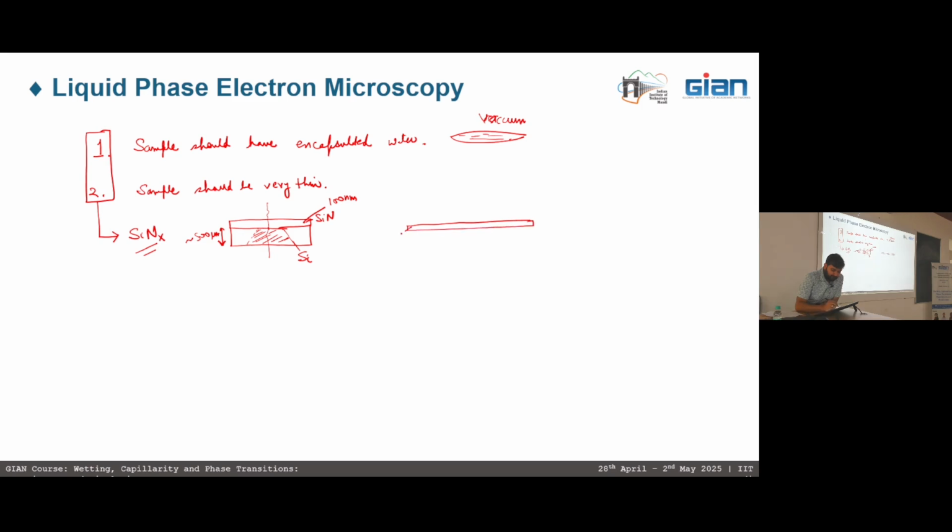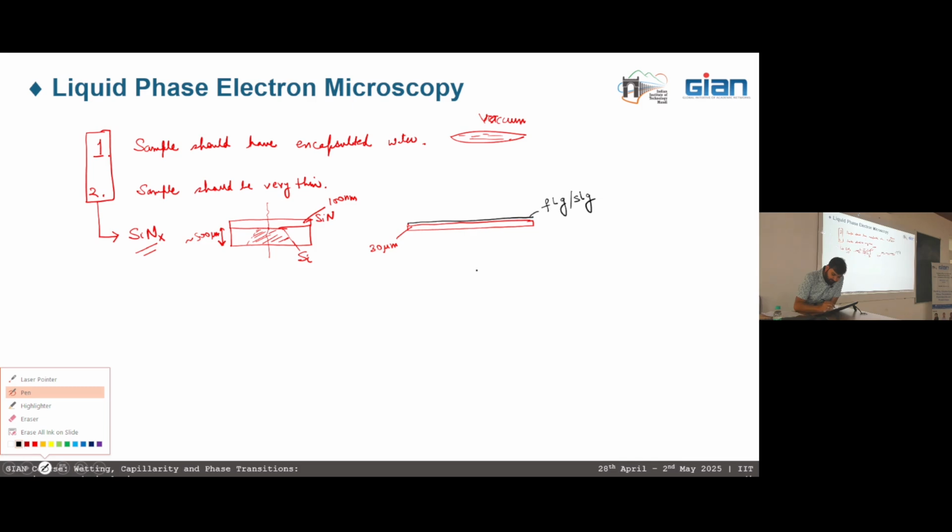This copper substrate is typically 30 micrometers in thickness, and then we have single layer or few layer graphene on top of it.